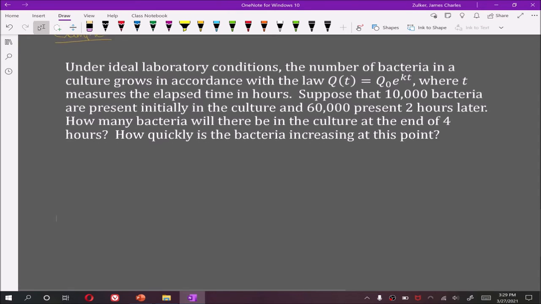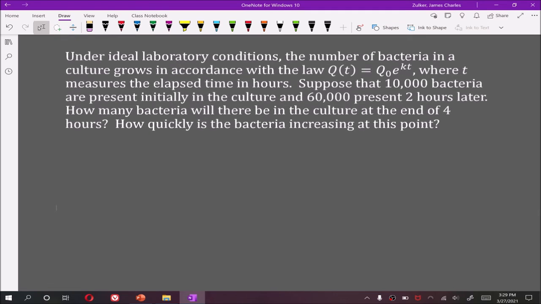Right, now we know that Q naught is 10,000, so we can start with Q of t equal to 10,000 e to the kt. We need to find the value of k. We need to find the growth rate, what is it called? The growth constant.